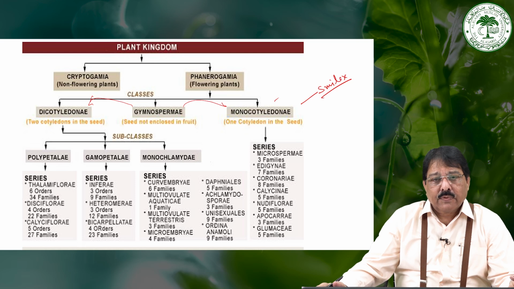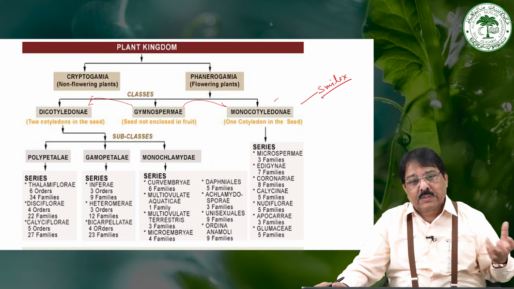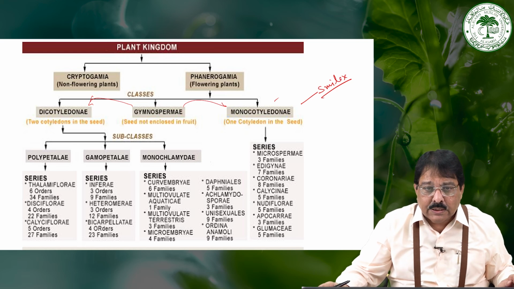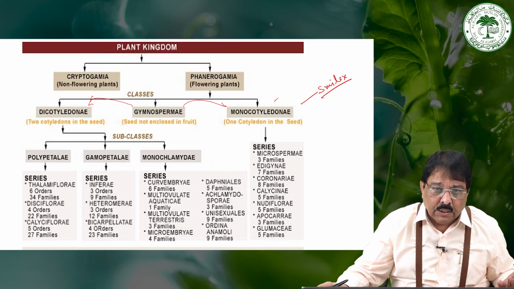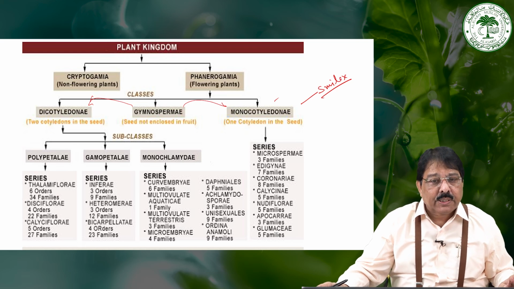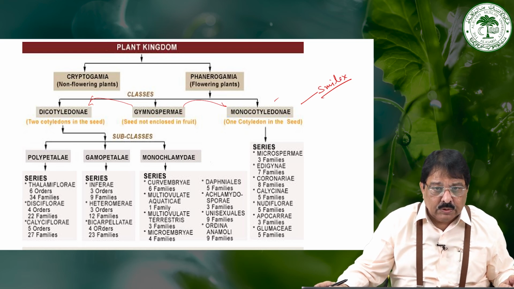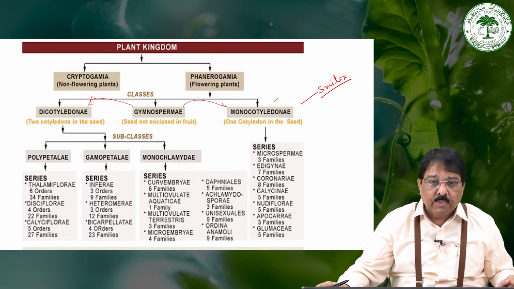All the dicot flowers are tetramerous or pentamerous, while in monocot it is always trimerous. Merous means all the segments, all the groups, whether it is the sepals, the petals, the androecium or the carpels.